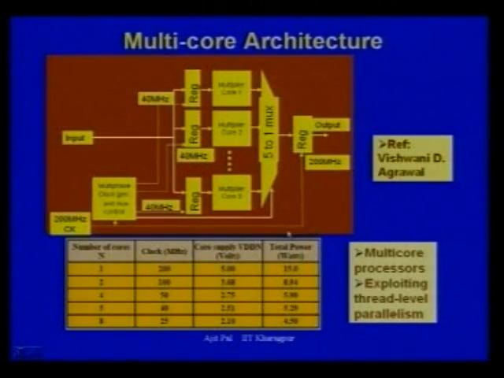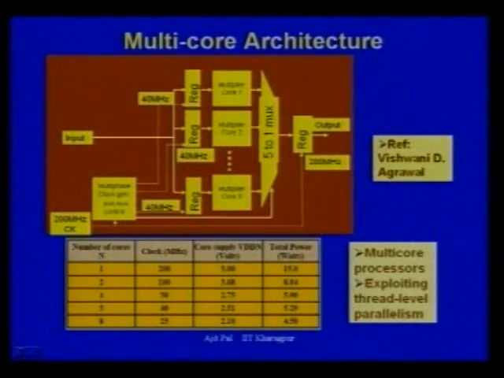And this approach has been used in multi-core architecture. You can see in multi-core architecture you can keep on increasing the number of cores, and if you are interested in having the same throughput, you can simply reduce the frequency and supply voltage and reduce the power dissipation. In fact, nowadays many processors are being implemented by using multiple cores: dual core, quad core.